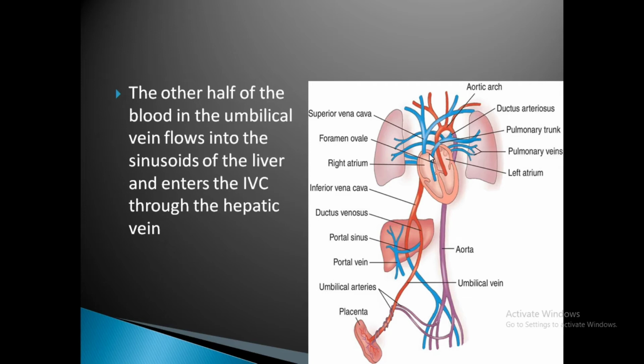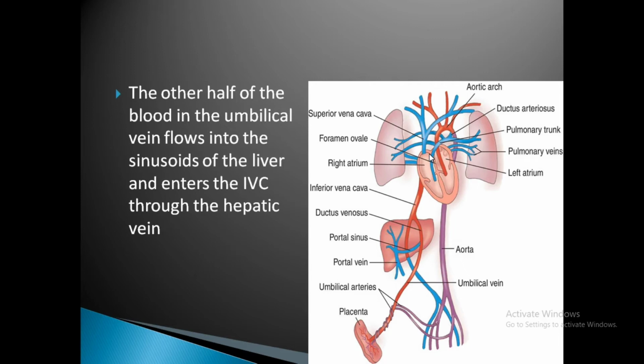So, what nature has made is that at the liver, the ductus venosus has been formed, and it is basically a shunt. The blood from the umbilical vein splits into two halves. Half of the blood enters the liver through the sinusoids of the liver, and then enters the inferior vena cava through the hepatic vein, and the remaining half of the blood from the umbilical vein directly enters the inferior vena cava through the ductus venosus, thus bypassing the liver.